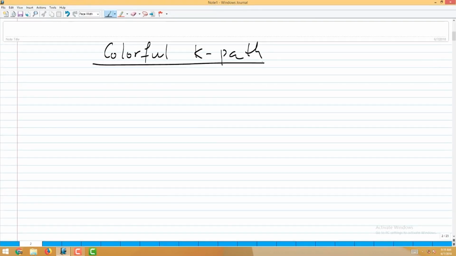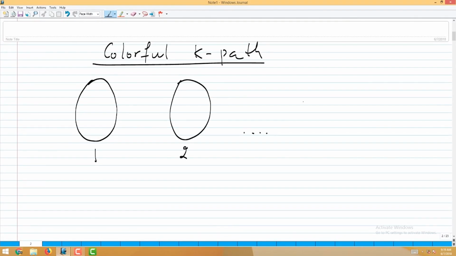Let this be the collection of all vertices in the input graph that I've colored 1. Let this be the collection of all vertices that I've colored 2, and so on. These have been colored k.